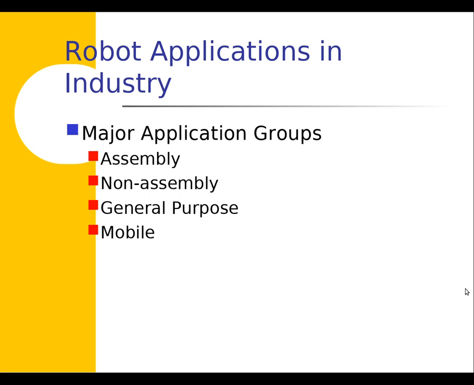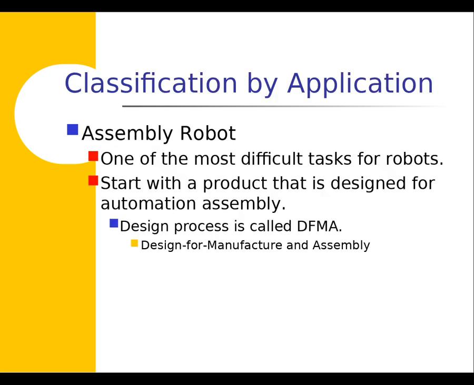All right, so another way when we're selecting robots is, they're basically classified into application groups. And so there's 4 major application groups: assembly, non-assembly, general purpose, and mobile. All right, so assembly robots, usually assembly is a very difficult task. It needs high accuracy, high repeatability.